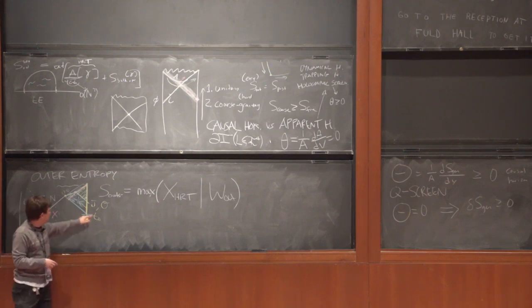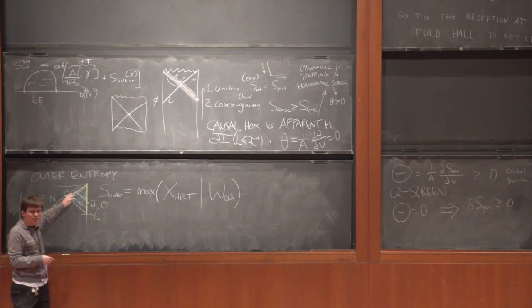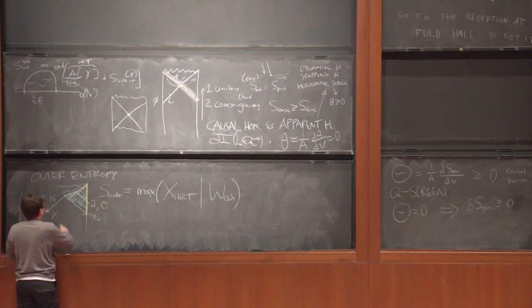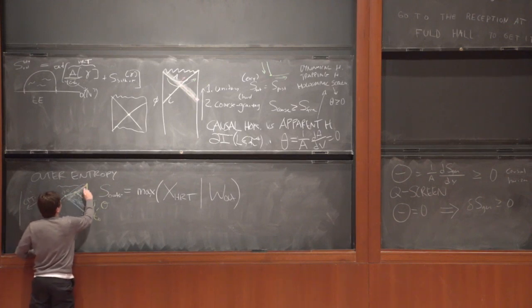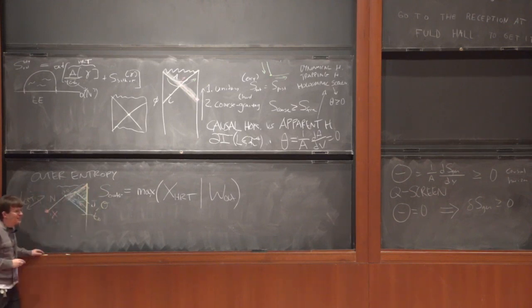And I have the freedom to turn on sources, or if you like, turn off sources, to make it so that these horizons coincide. Once I do that, the data that was here, that looked like it was going to hit the singularity, I can turn on the source that makes it go to the boundary instead, as long as it's outside the apparent horizon.